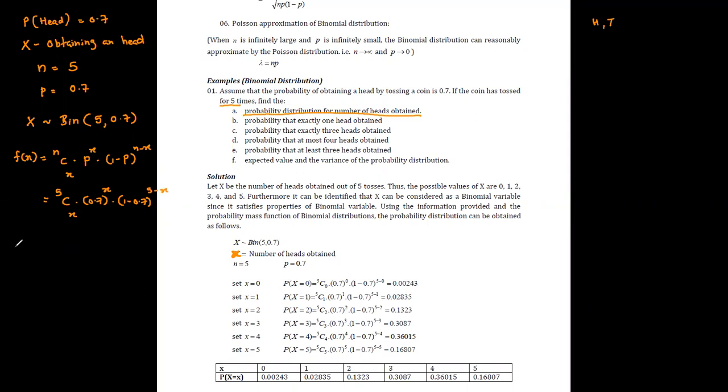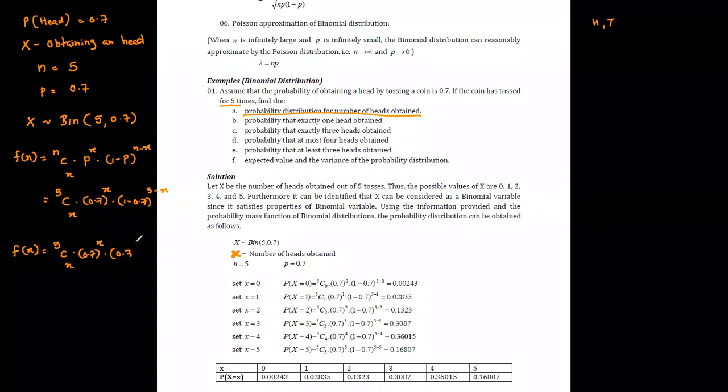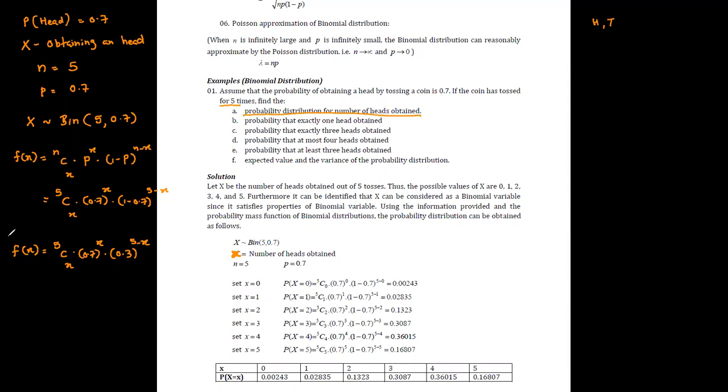If you solve this further, f(x) equals 5Cx times 0.7 to the power x times 0.3 to the power 5 minus x. This is what we can write as the probability mass function.